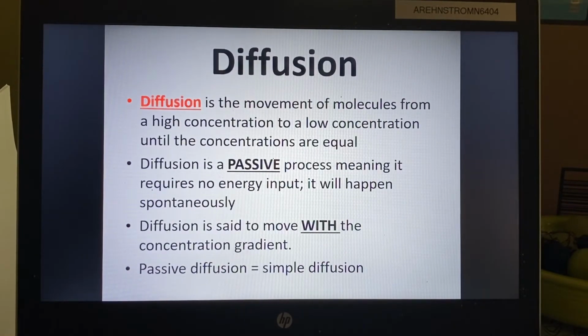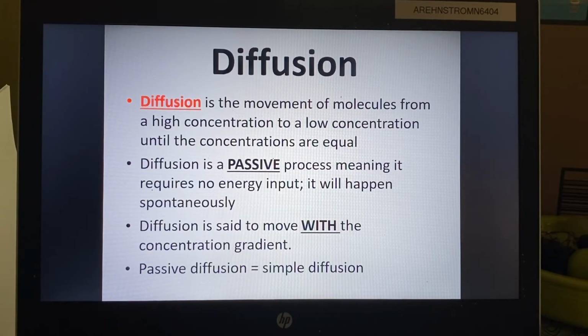Okay, so first of all, let's define diffusion. The definition of diffusion is the movement of molecules from a high concentration to a low concentration until everything is equal. Think of, for example, if someone opens up a bottle of perfume in one corner of the room.